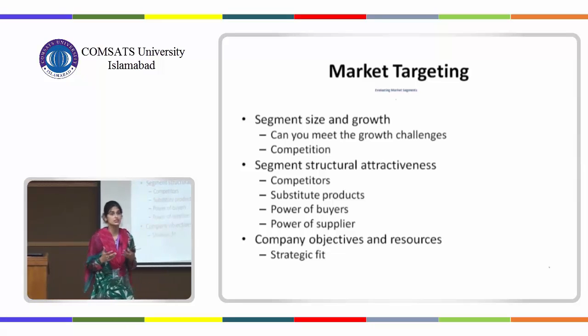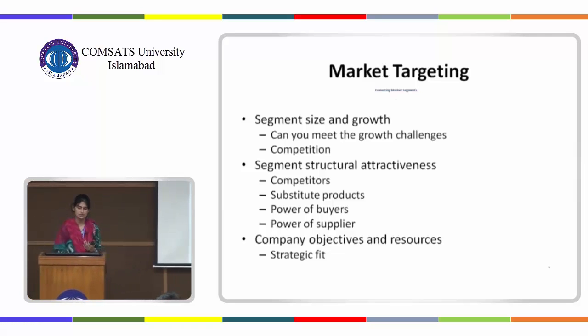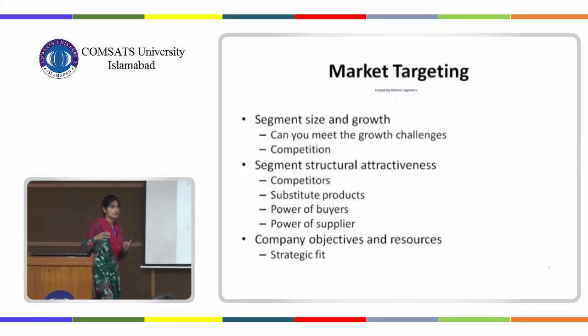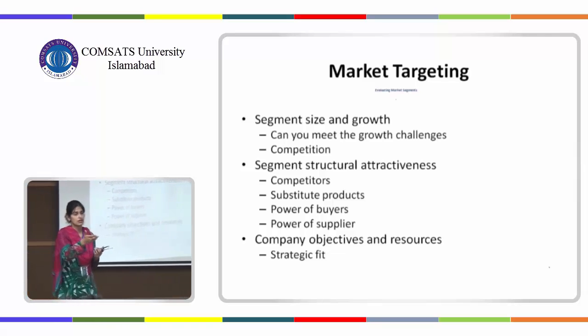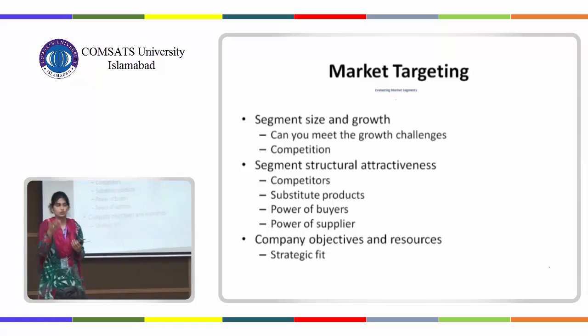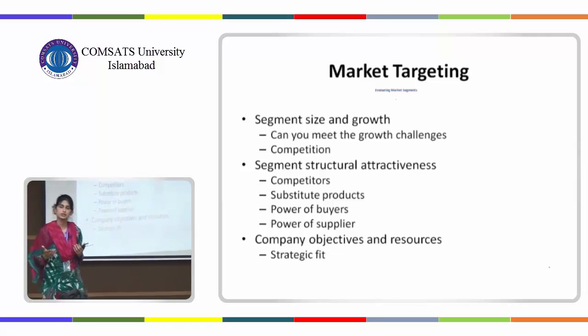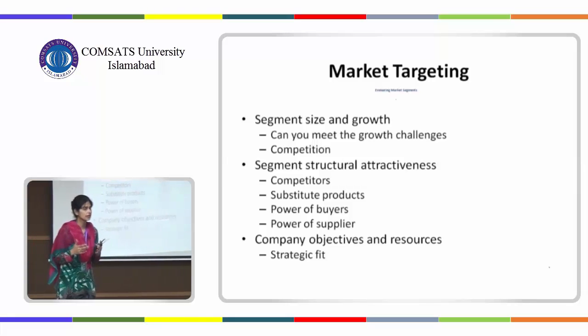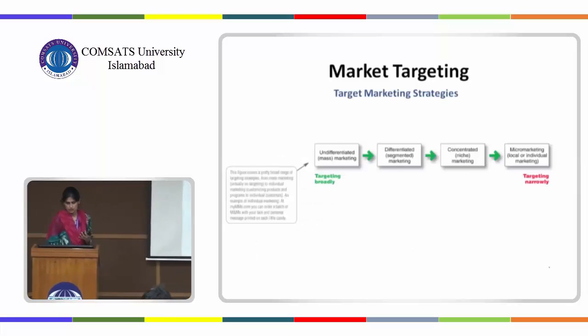That also affects your target market. And then company's objectives and resources, whether the prospective target market fits with your strategic goals and objectives or not. If it fits, go ahead, tap into that market. If it doesn't, then a good idea would be to look into another segment.